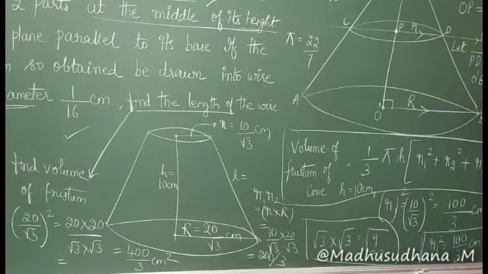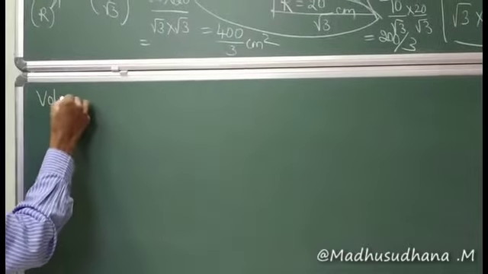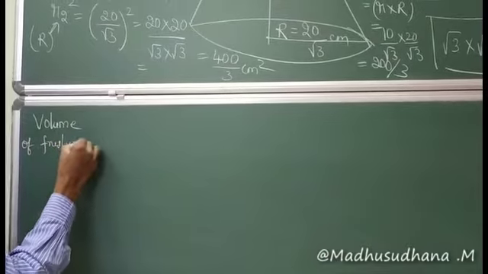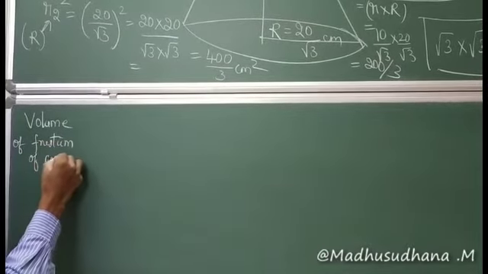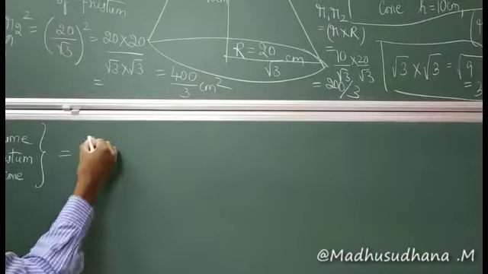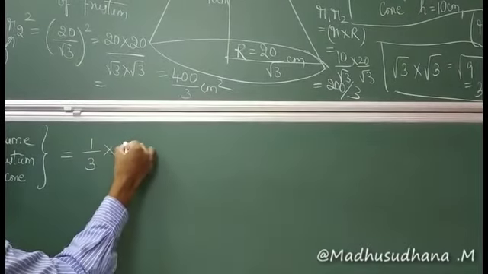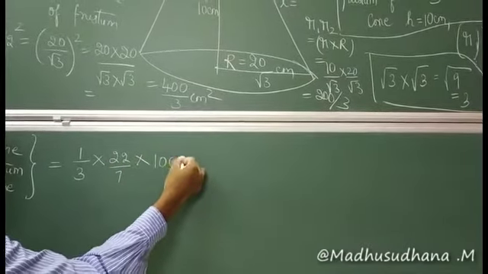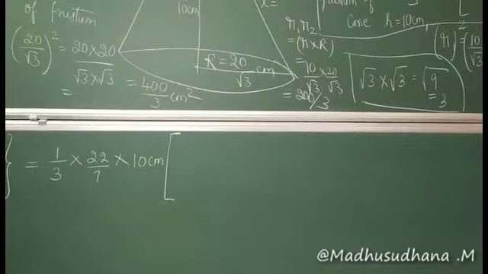So the volume of the frustum of the cone is equal to 1 by 3, pi value is 22 by 7, h is 10 centimeters. What is my r1 square now?